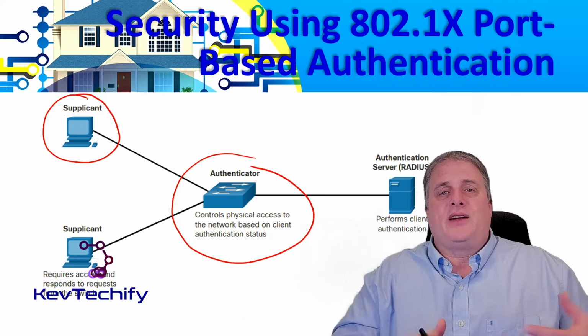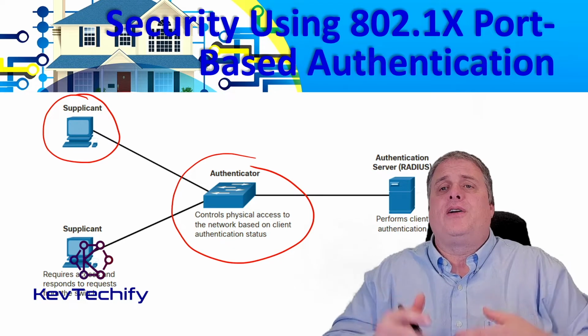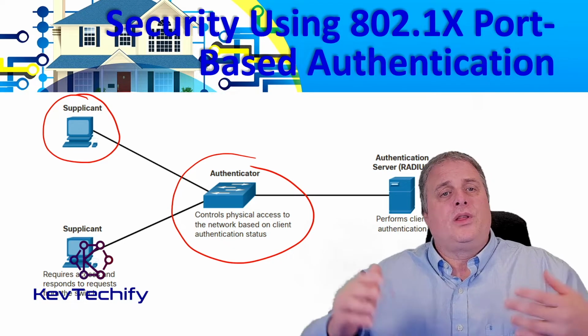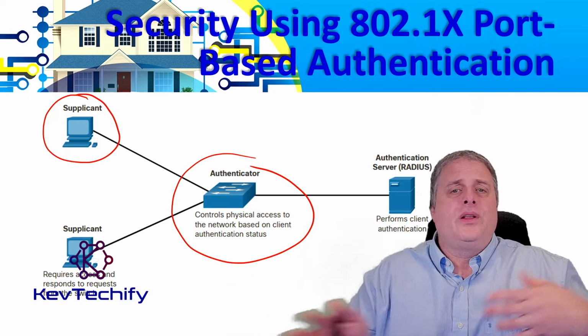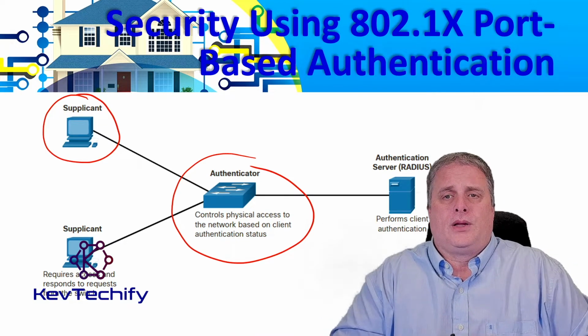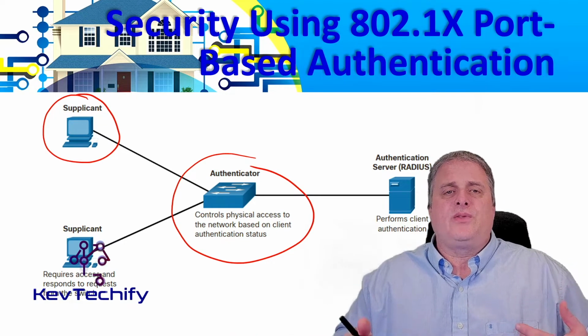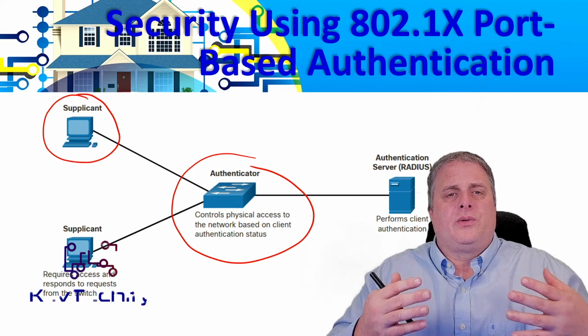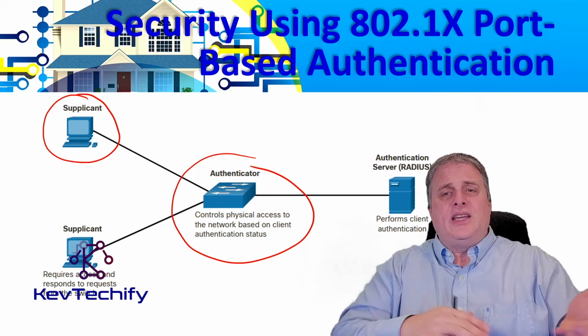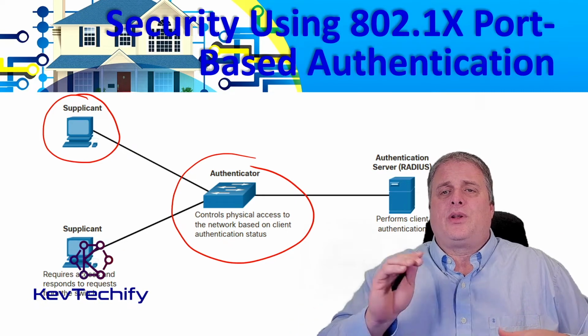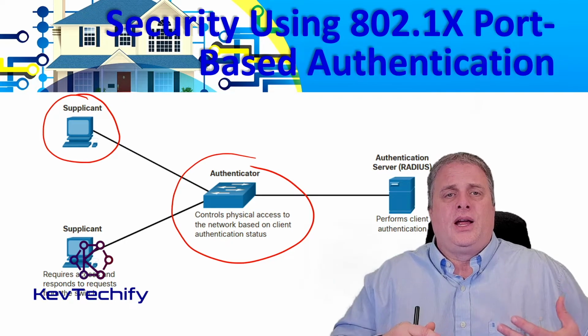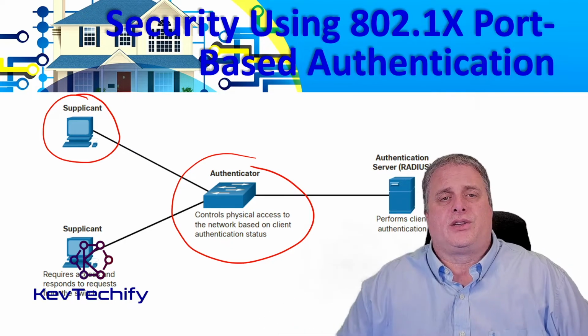It's requesting identifying information from the client, verifying that information with the authentication server, and then relaying a response to the client. The switch uses a RADIUS software agent, which is responsible for encapsulating and de-encapsulating your Extensible Authentication Protocol frames and interacting with that authentication server.